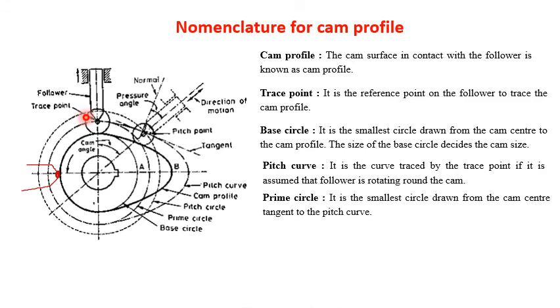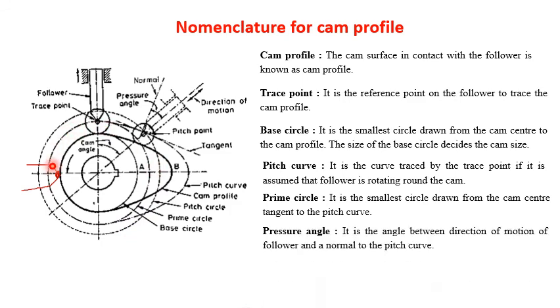Next, prime circle. This is the prime circle, which is concentric with the base circle. It is the smallest circle drawn from the cam center tangent to the pitch curve. This circle is a tangent to the pitch curve. Next one is pressure angle.